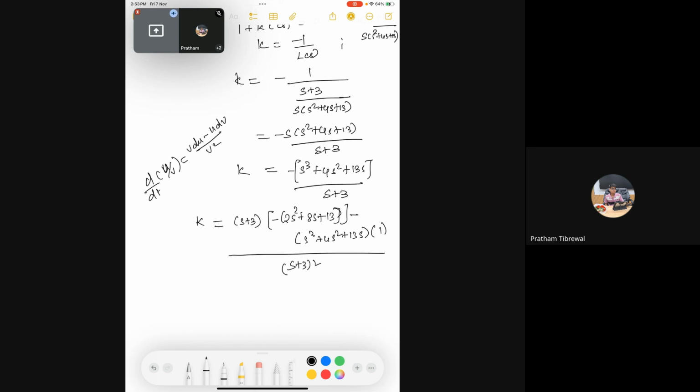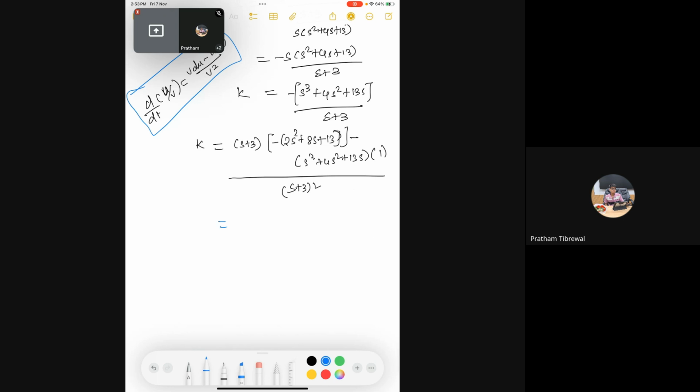Whatever is there in the denominator, here the denominator is s plus 3. That's it. This is dk by ds: (s plus 3) into (3s square plus 8s plus 13) minus (s cube plus 4s square plus 13s), divided by (s plus 3) the whole square.